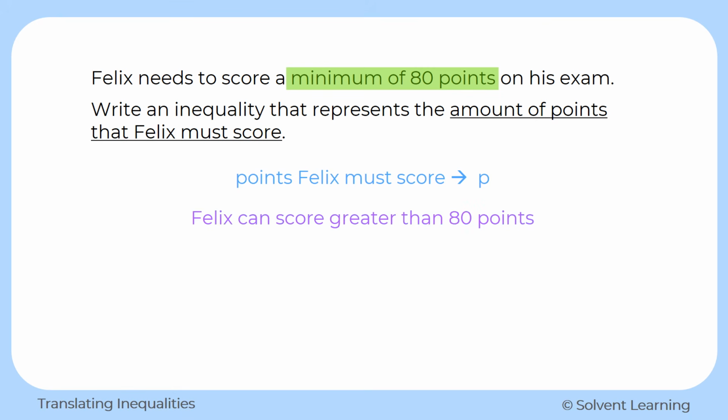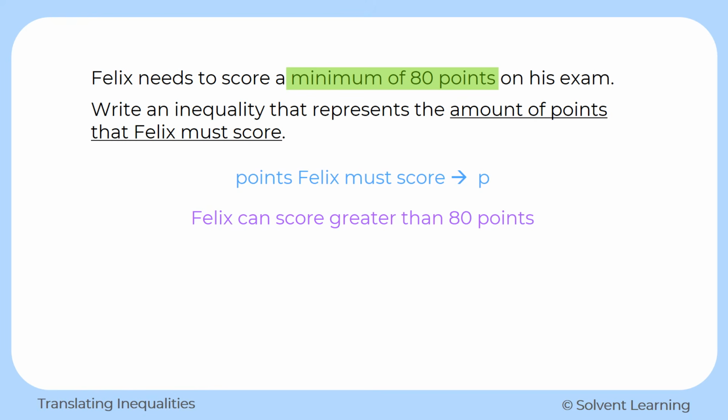So it is okay for him to score greater than 80 points. And then we ask ourselves, is it okay for him to score exactly equal to 80 points? And in this case, it would be okay. The word minimum means that 80 is the absolute lowest that he can go, but it's still okay if he scores exactly 80 points.